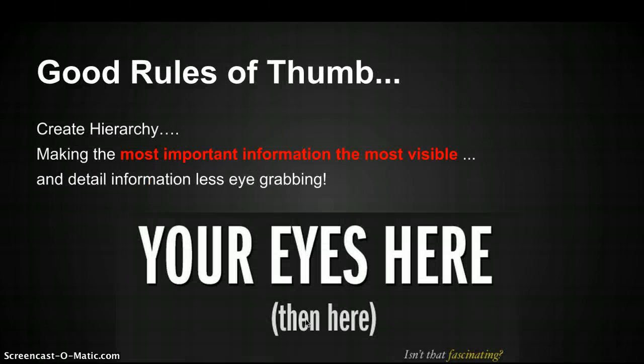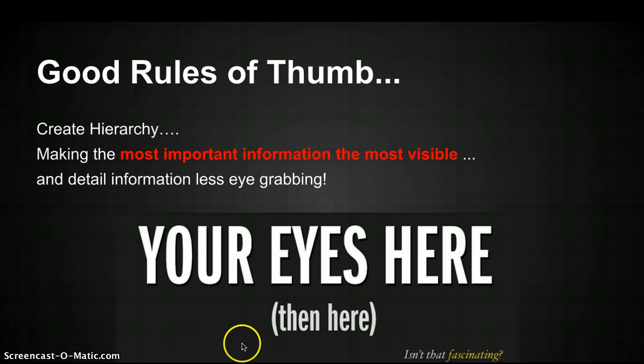So next up, some good rules of thumb. First of all, there should be hierarchy. The idea of hierarchy is that the most important information should be the most visible, and details should be less visible.